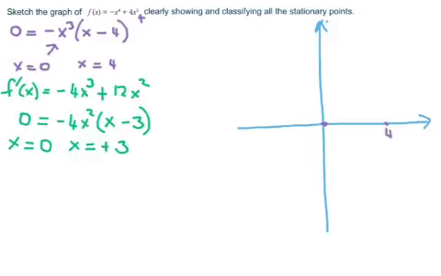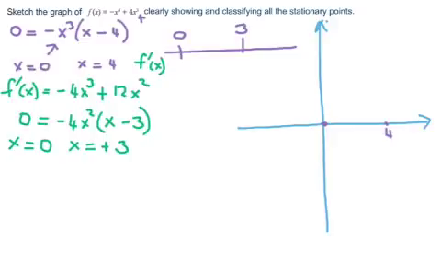Okay, so what I want to do now is to start making a sign chart. So I'm going to start my sign chart up here, I think. And the values that I need are 0 and 3, and I want to look at f dash x.